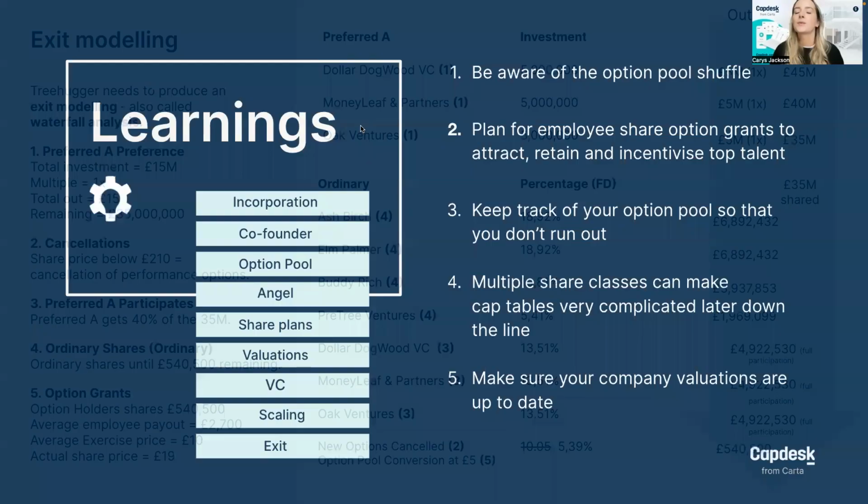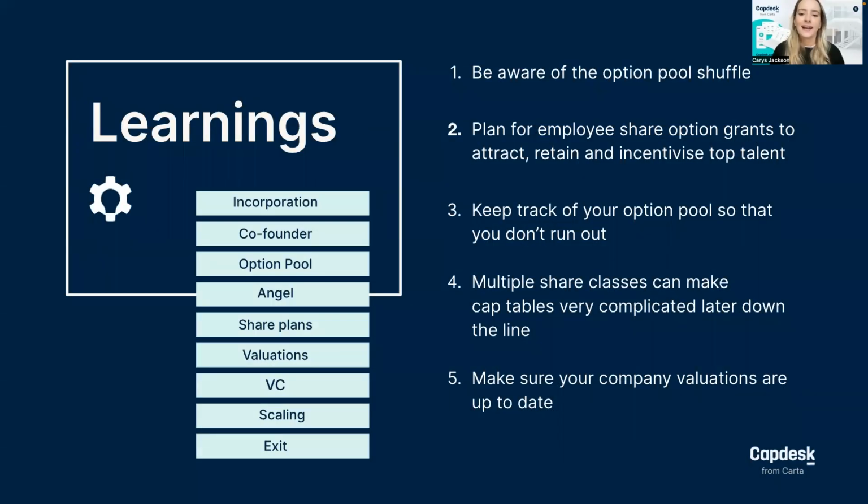So we did a lot here. I think the learnings from this presentation: we incorporated a company, we found a co-founder, we created an option pool and we got an angel investor, we created a share plan, we got our valuations done, we closed Series A, we scaled up a bit, and then we exited.